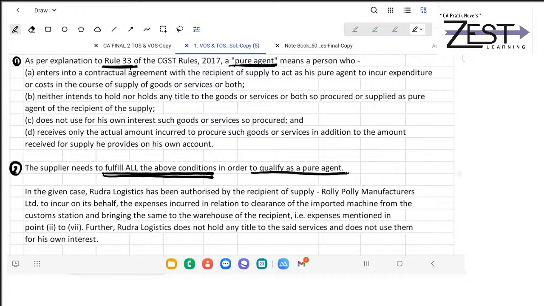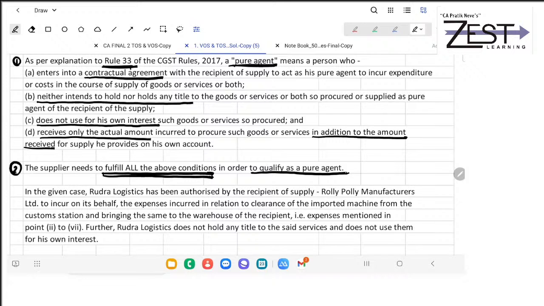As per the explanation to Rule 33 of the CGST Rules, pure agent means a person who: first point, enters into a contractual agreement; second point, neither intends to hold nor holds any title, does not use for his own interest, and receives only the actual amount in addition to the amount received for the supply he provides on his own account.